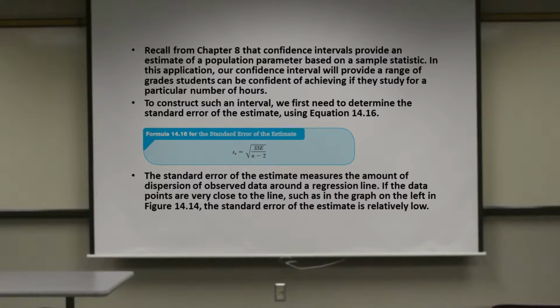The standard error of the estimate measures the amount of dispersion of observed data around a regression line. If the data points are very close to the line, such as in the graph on the left in figure 14.14, the standard error of the estimate is relatively low.